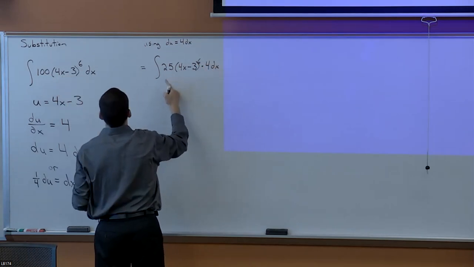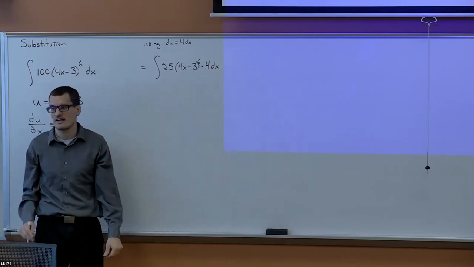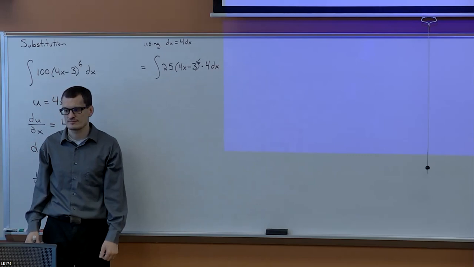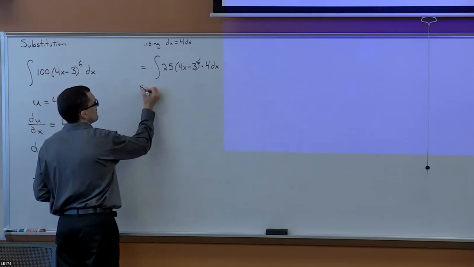And since I'm multiplying everything, I can just pull the 4 backwards and attach it with the dx, right, put it right in front of the dx. And now I can do my substitution.